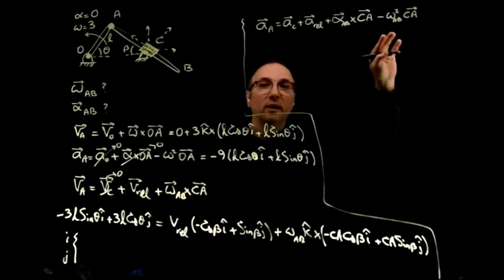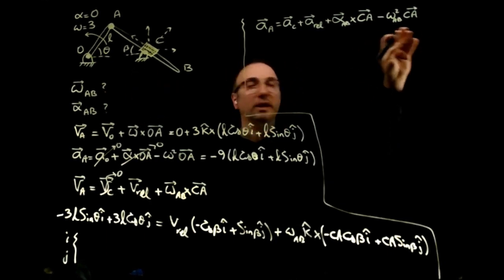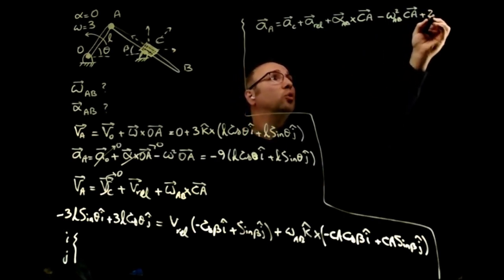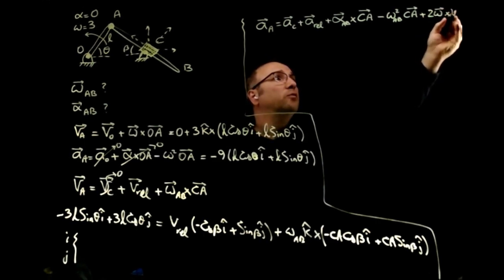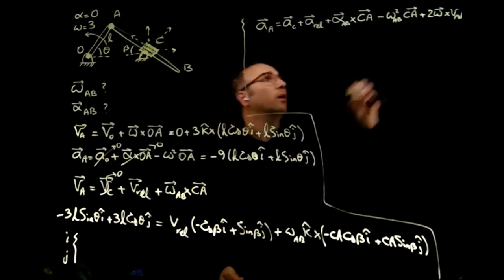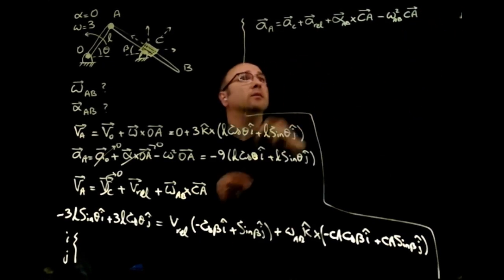This is in fact, again, omega cross CA, but because it is a two-dimensional problem, I can write it this way. And I have plus 2 omega cross VREL. And this omega, let me write the last term here.